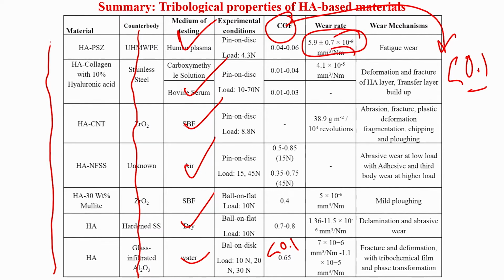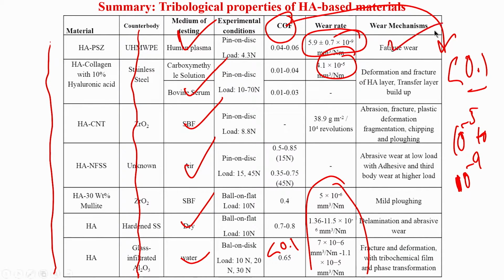Wear rate can vary from 10 to the power minus 5 to 10 to the power minus 9. So, depending on the material and the simulated body fluid composition, it varies between 10 to the power minus 5 and 10 to the power minus 9 millimeter cube per Newton meter. Wear mechanisms are fatigue wear, deformation and fracture, mild ploughing or delamination or abrasive wear.